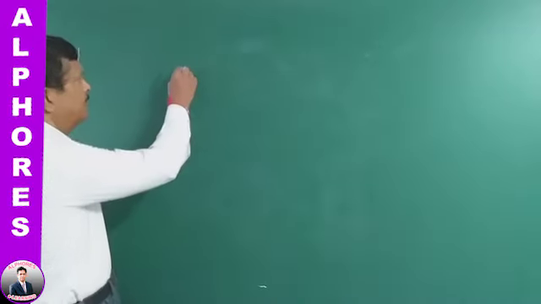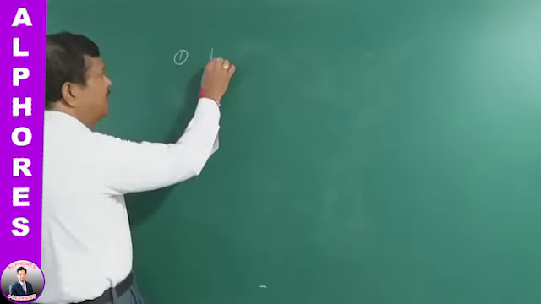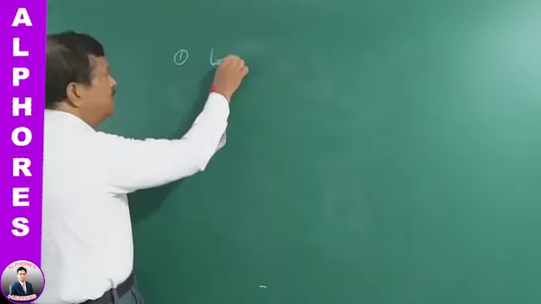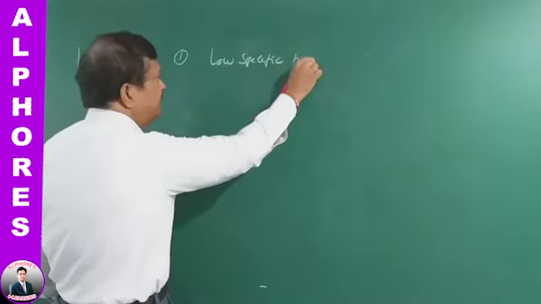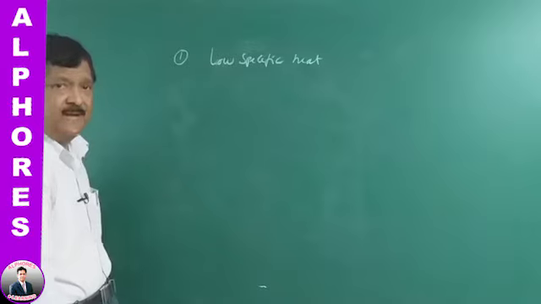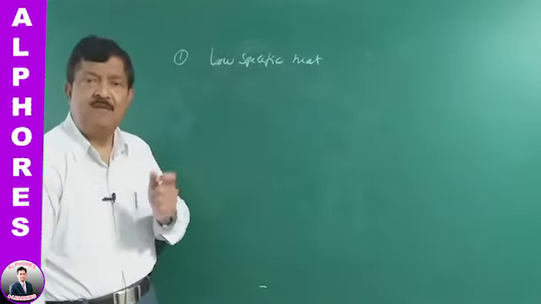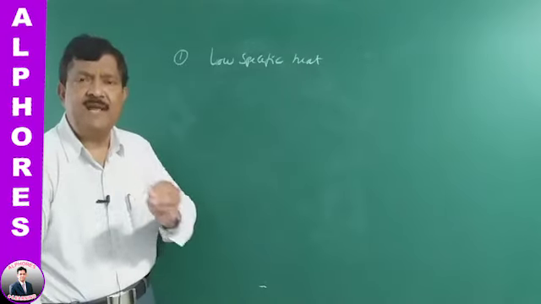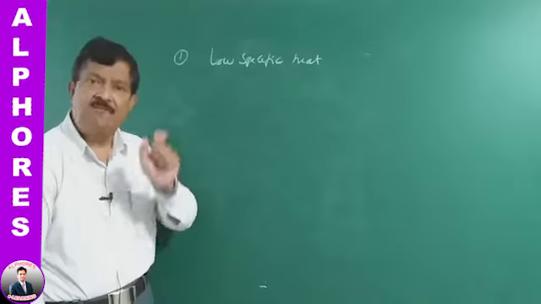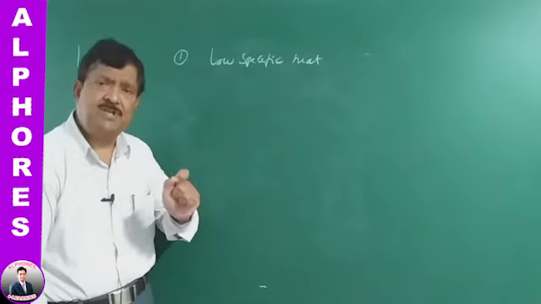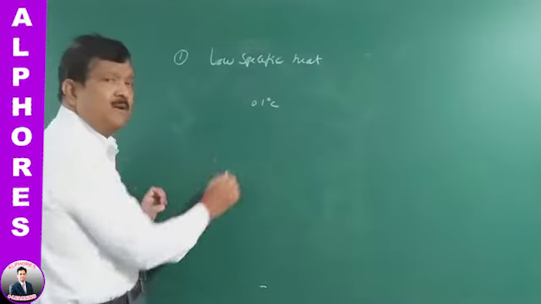Number one, mercury has low specific heat. What do you mean by specific heat? It is the amount of heat energy required to raise the temperature. For example, if I give a small amount of energy, in one liquid there is a change in temperature of only about 0.1 degree centigrade.